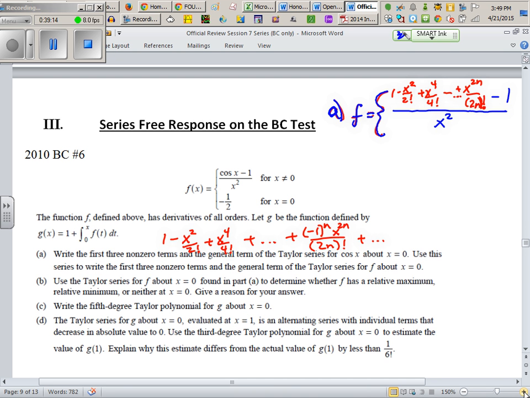Well, what happens when you take this red beast? I forgot my last dot, dot, dot. What happens when you take this red beast and you subtract 1?